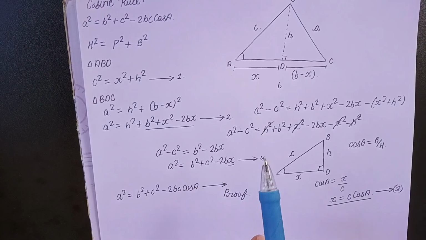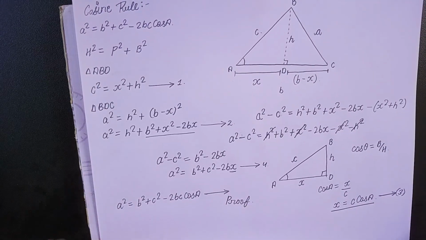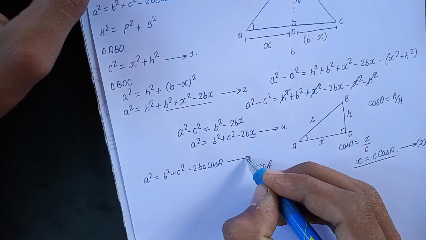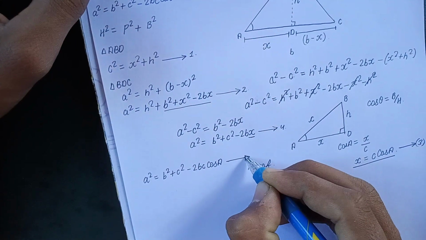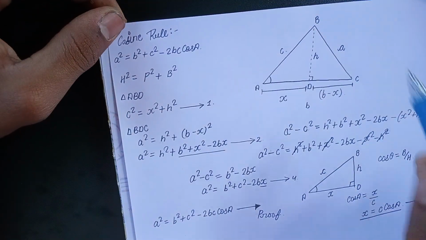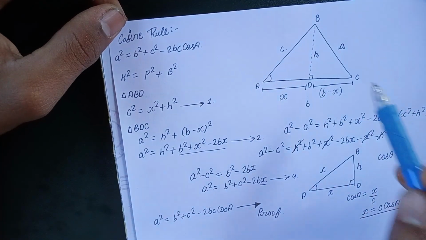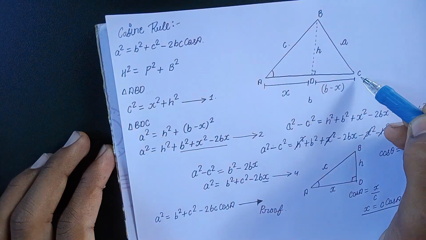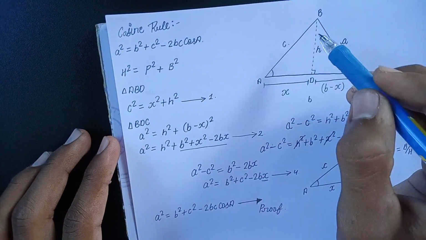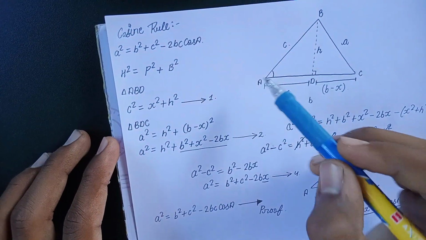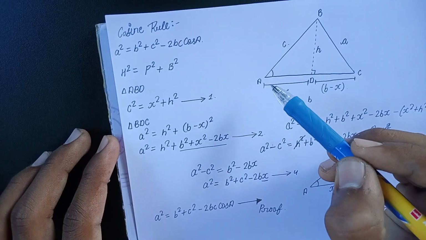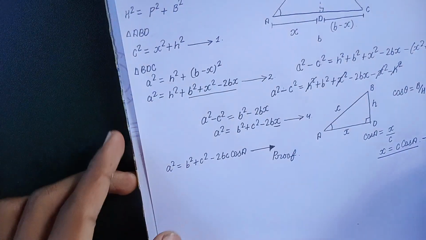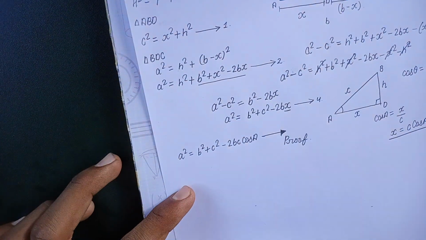Okay, this is going to be pretty easy. Now we also need to note down that this is our formula, the cosine rule. If we draw a perpendicular from the vertex B to side AC, or from the vertex C on the side AB, or from the vertex A to side BC, then we also get two more formulas for this cosine rule.